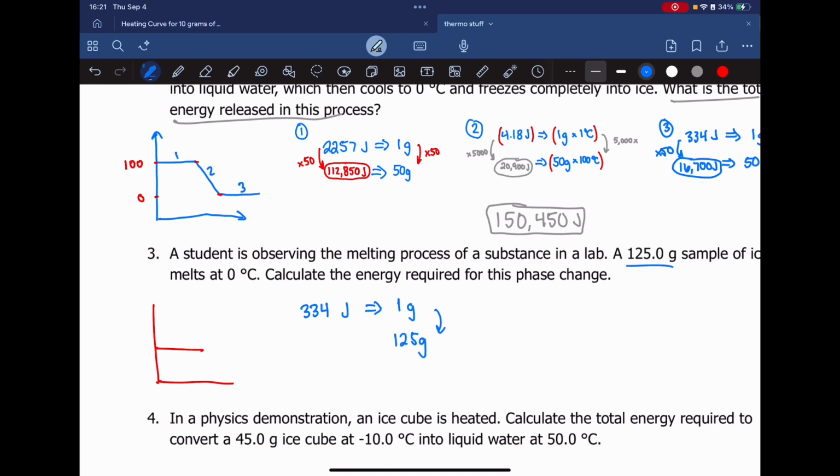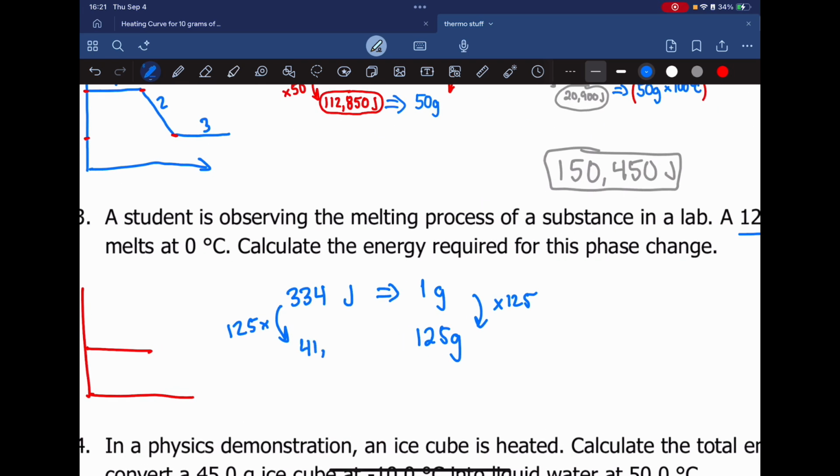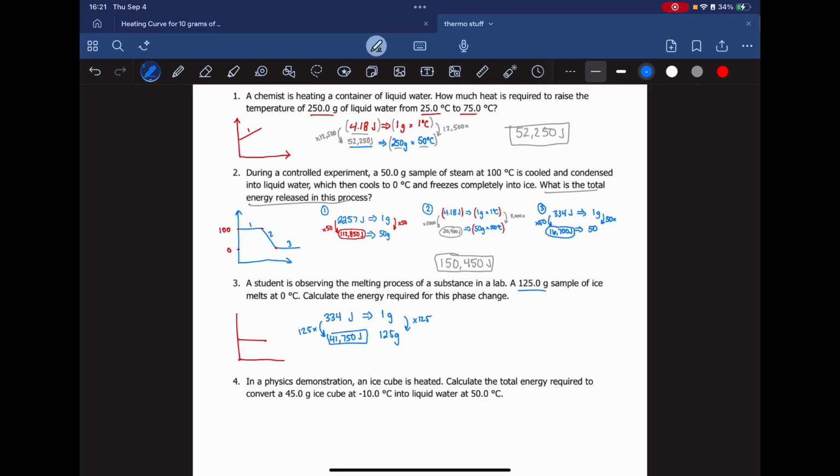So I'm going to need 125 times as much energy to melt that much ice compared to the smaller amount. Right? So 334 times 125, and I get 41,750 joules. So this is just a one-stepper. I'm done.